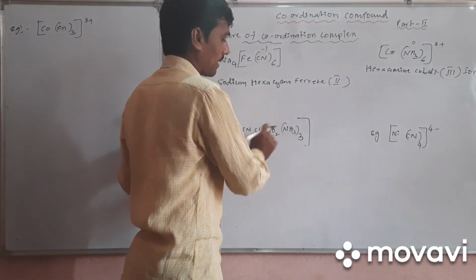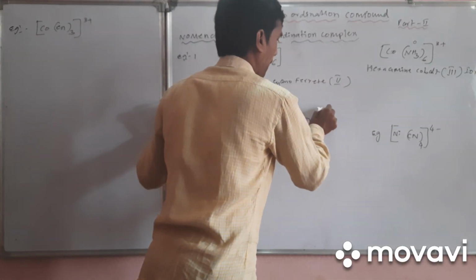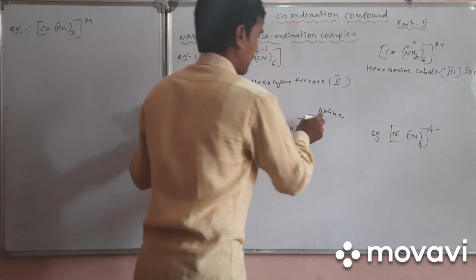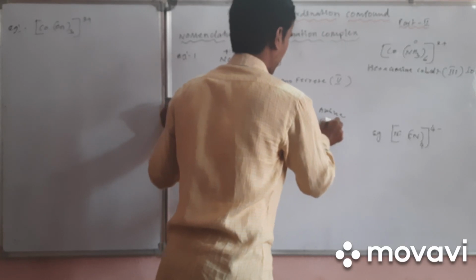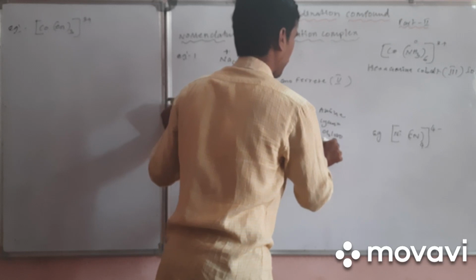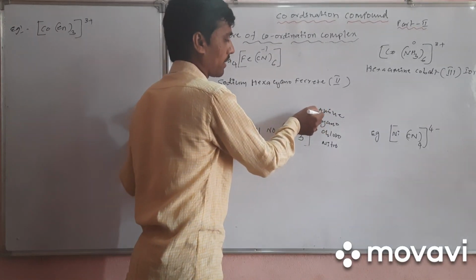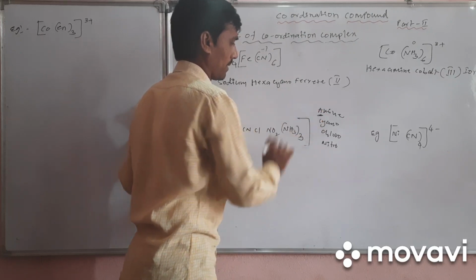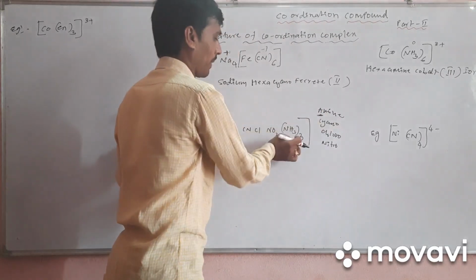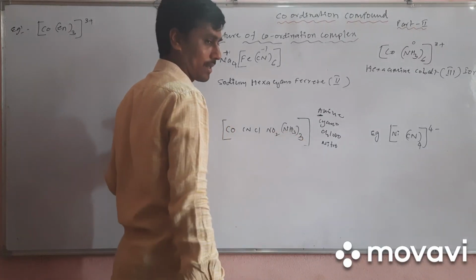Which ligand comes first? The ammine ligand, in alphabetical order. Then cyano, chloro, and nitro. Which comes first? A comes first. There are 3 ammine ligands, so we use triammine.